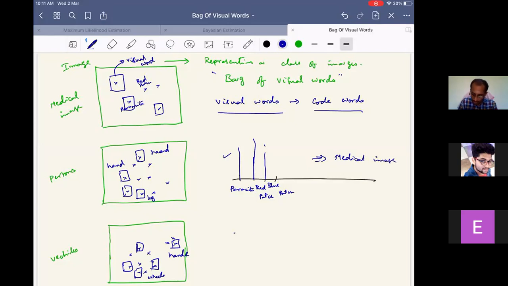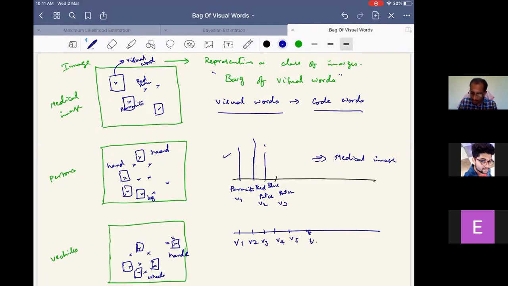Whereas if we take any person's images, what will dominate? These are also visual words for which we try to see how much frequency they have. This is parasite location. Assume that visual word 1, 2, visual word 3. We take the same visual words again, even here, because we don't know in the test case which is the image. We also have V4, V5, V6.